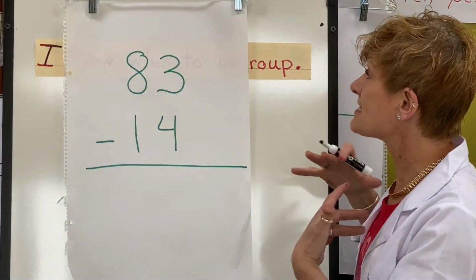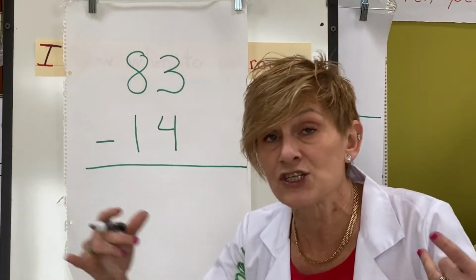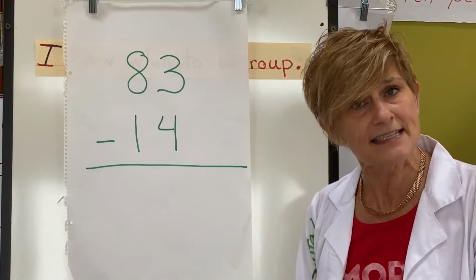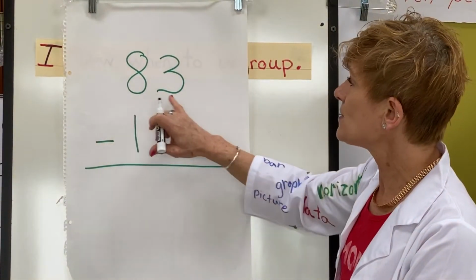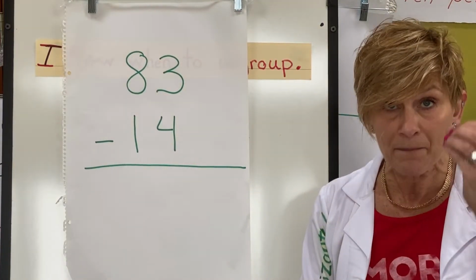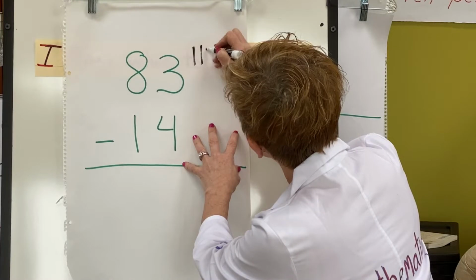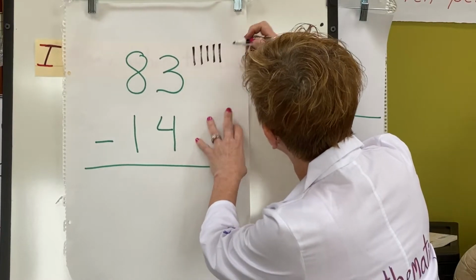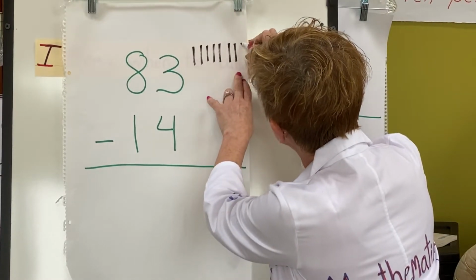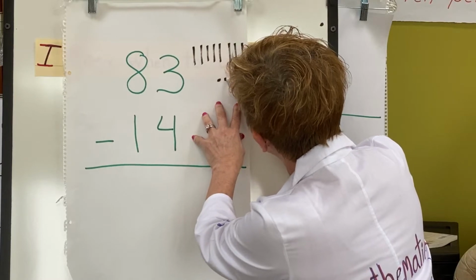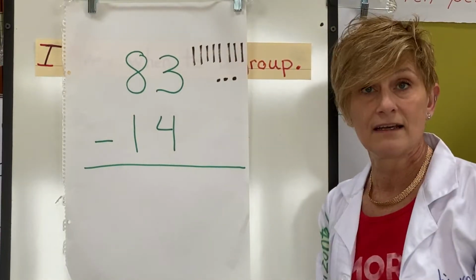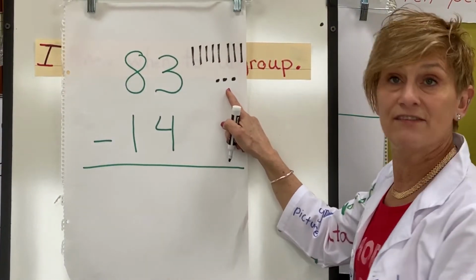Do I need to ungroup a 10? Let's see. 8 tens, 3 ones. I could make a picture of that number. 10, 20, 30, 40, 50, 60, 70, 80, and then my 3 ones. Can I get 4 out of that 3 ones?